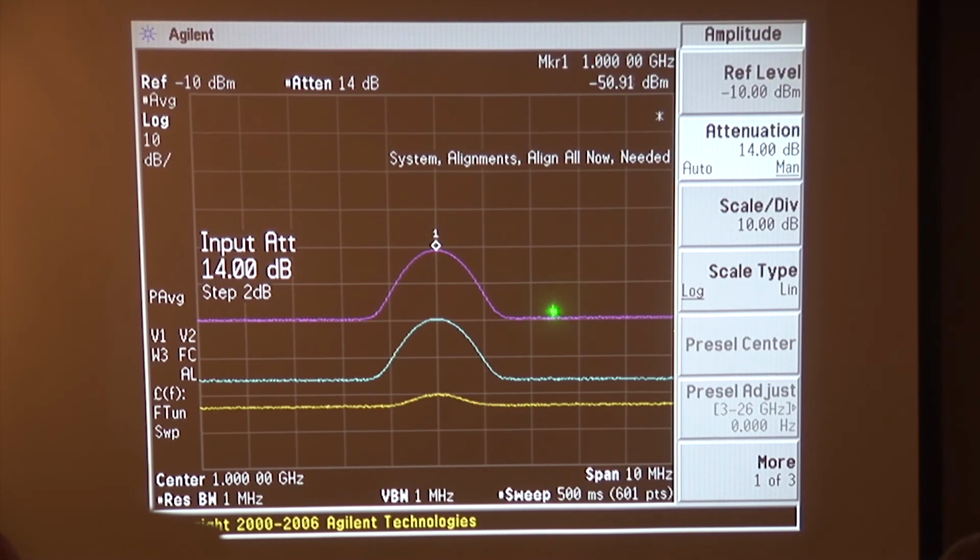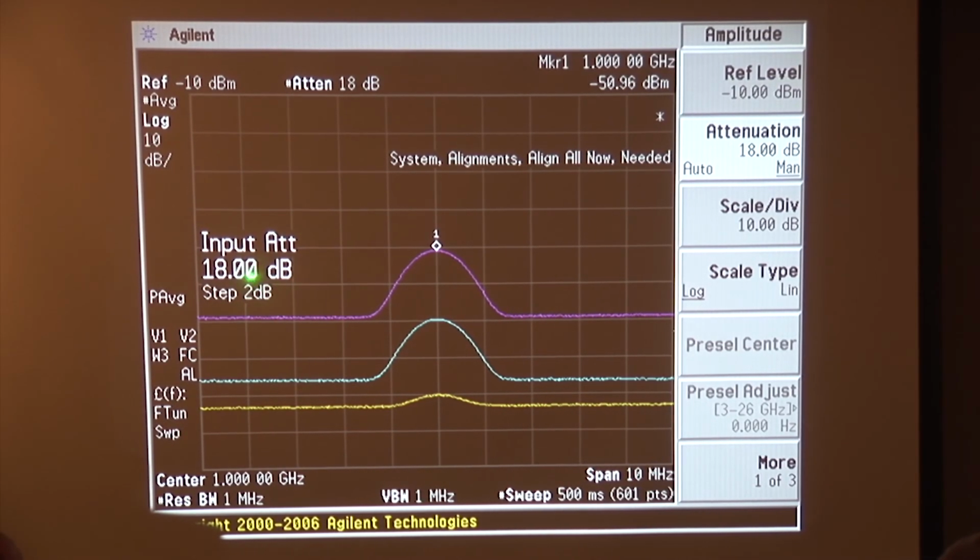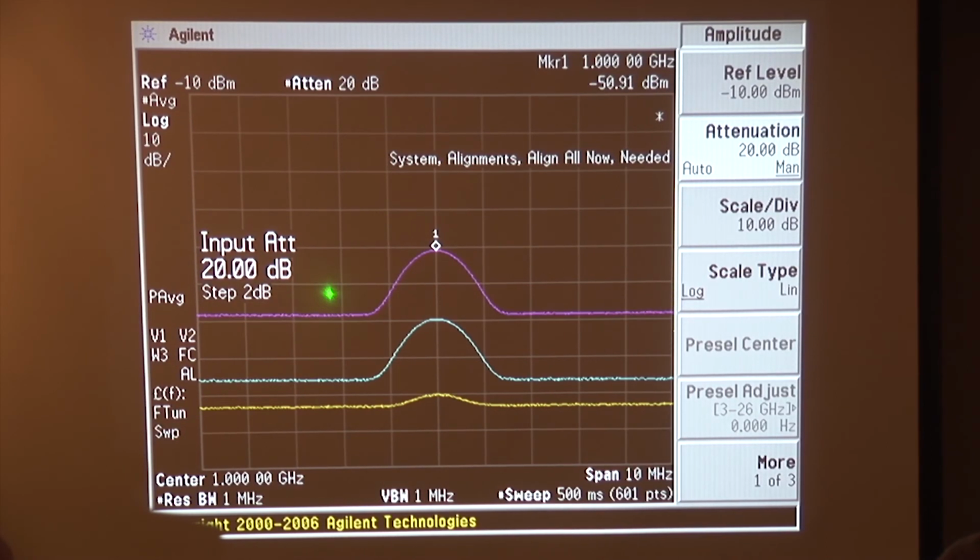Right there, the first little decrease in signal to noise ratio, right there at about 16. And then we can go 18. Let's see, we put in 2 dB of attenuation, only lost about 1 dB. Now, at 20 dB of attenuation, we're starting to really lose signal to noise ratio. So that's not good either.